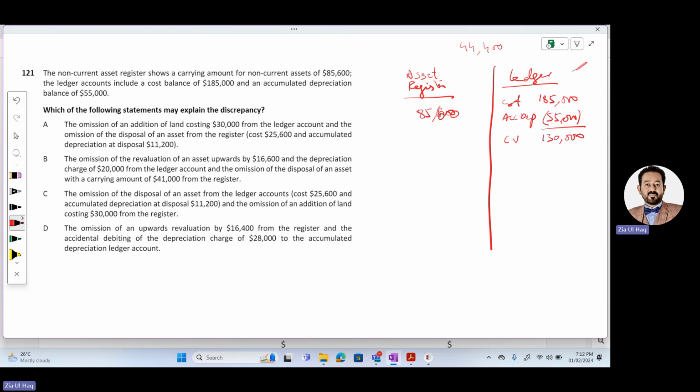C. The omission of the disposal of an asset from the ledger account of 25,600, and accumulated depreciation at disposal of 11,200 for that asset.